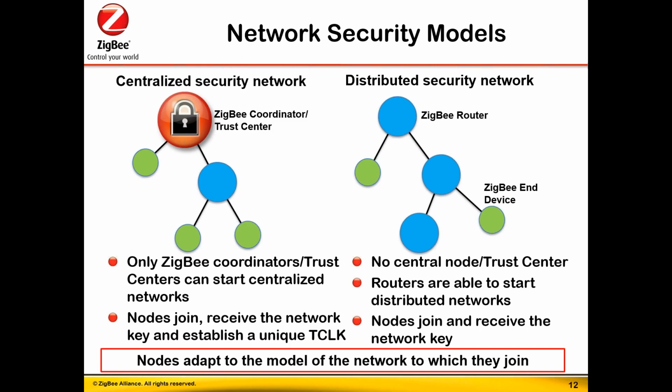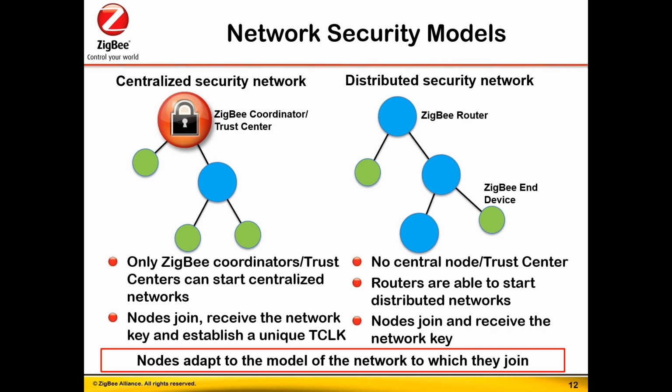Okay, so these are the two security models that we currently provide. The diagram on the left is probably what most people are familiar with, and that's the centralized network that we've used in Zigbee for many years. That network is started by a Zigbee coordinator device, but now we're saying that it also has to be a trust center, to make the network as secure as we can make it.